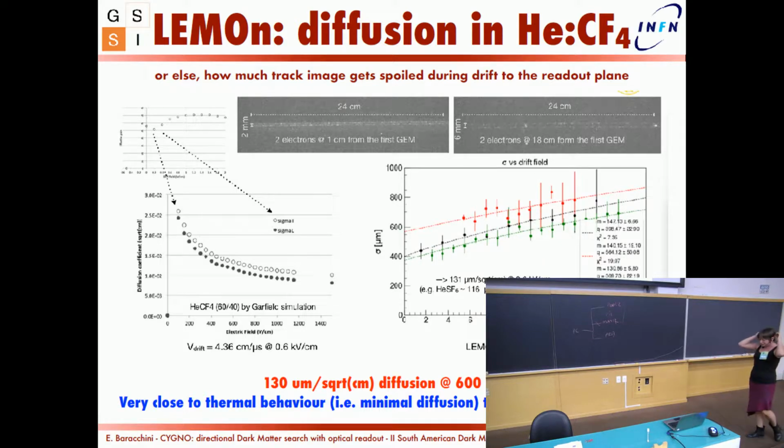The other nice thing is that the gas mixture that we chose has a very low diffusion. Diffusion is a way to quantify how much your image gets spoiled through the drift. Again, without going into detail, which is very specific, I can give it to you later. Our gas mixture has a behavior that is very close to thermal behavior, which is the minimum diffusion that you can achieve, about 120 microns per square root of centimeter.